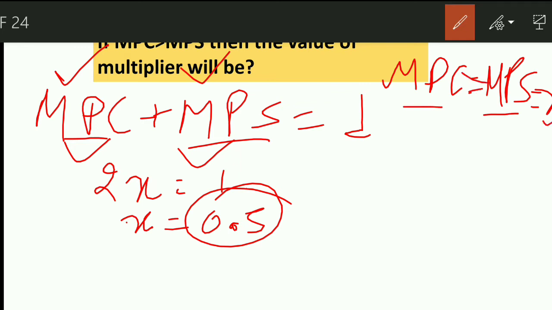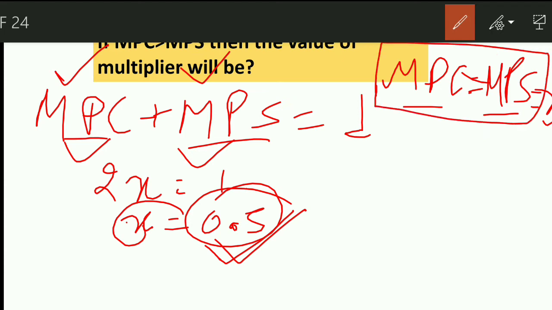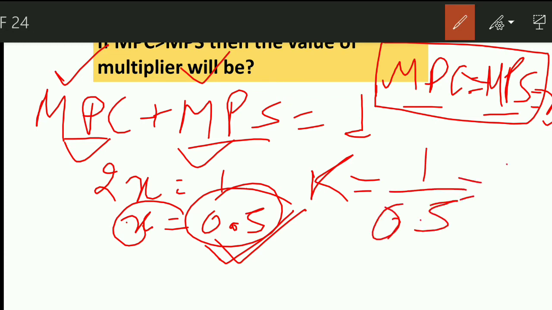So in this case where MPC is equal to MPS, the value of multiplier will be 1 upon MPS, that is 1 upon 0.5. So its value will be equal to 2.